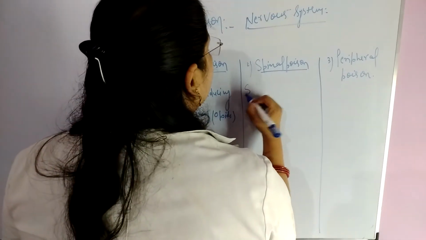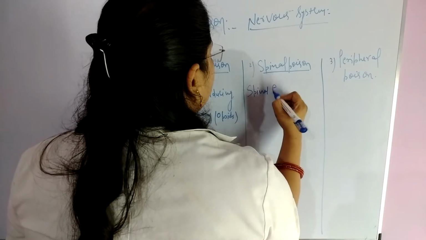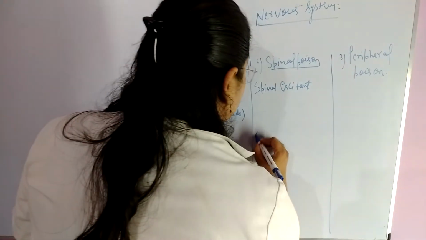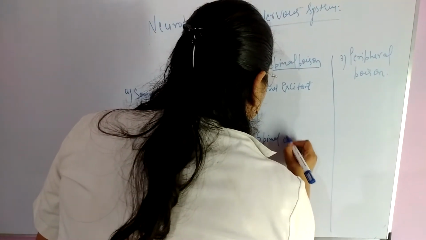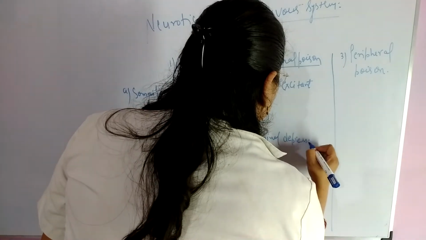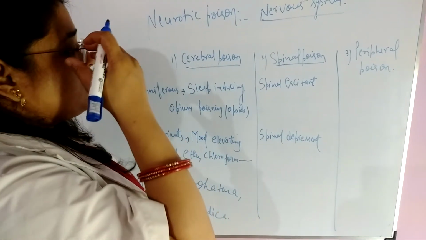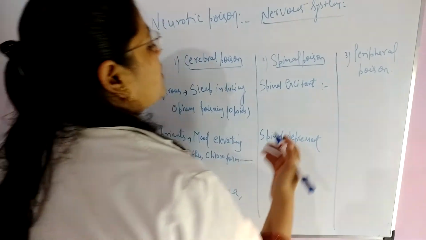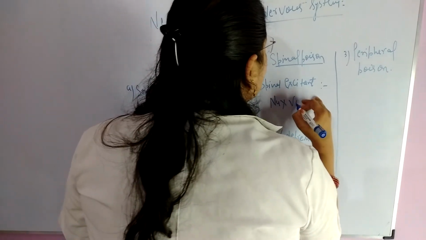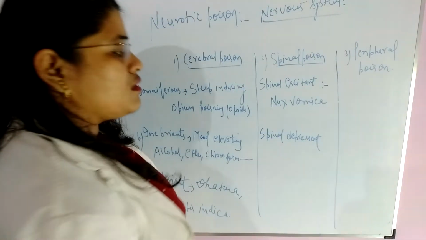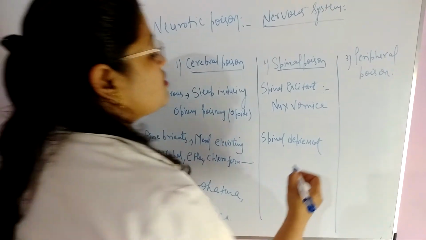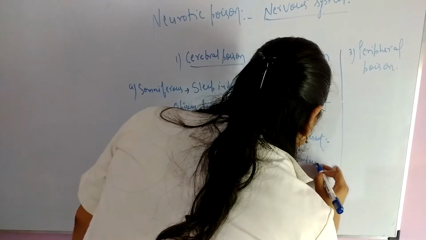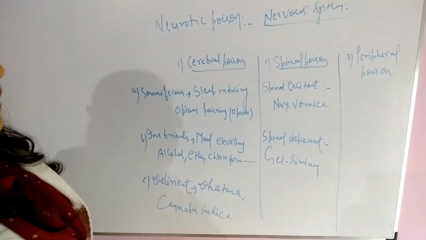It may be a spinal excitant, which excites the spinal cord, an example being nux vomica poisoning, or a spinal depressant, which is gelsemium.